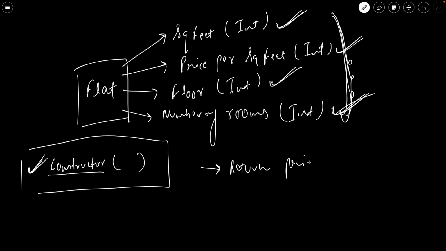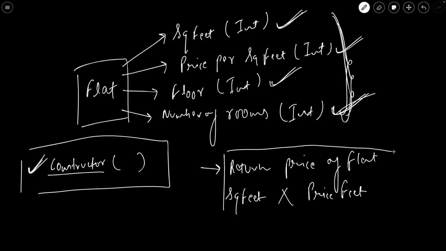And how will you get the price? You simply multiply the square feet, the size of the flat, by the price per square feet. This is how you calculate the price of the flat.